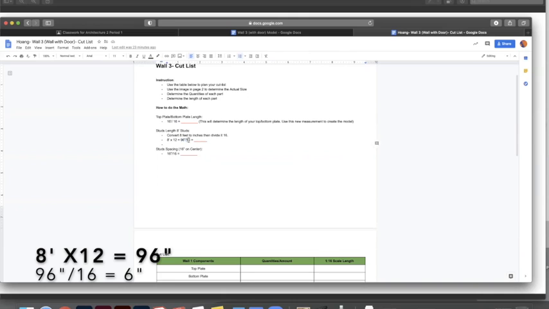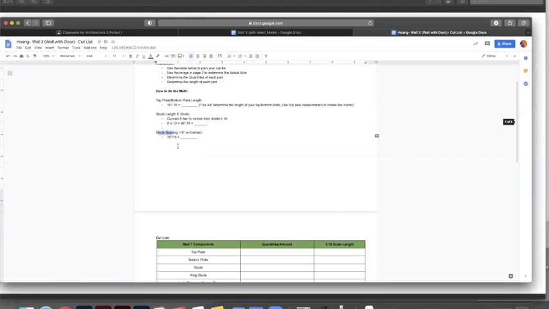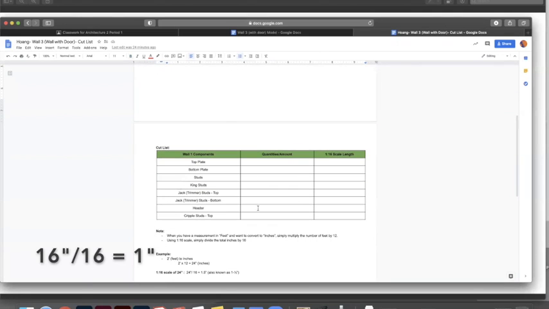Divide by 16, you get about 6 inches. And then stud spacing, which is the spacing between each of these studs from center to center: if you say 16 inches divided by 16, because we're using 1/16 scale, you're going to get 1 inch.